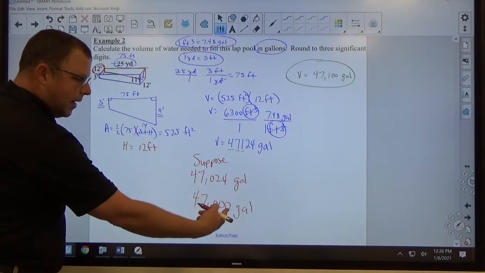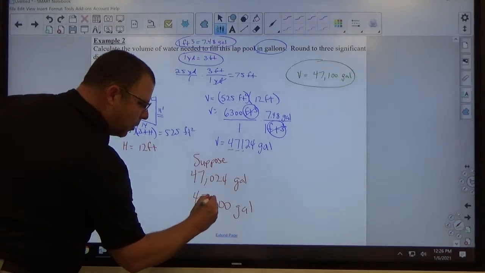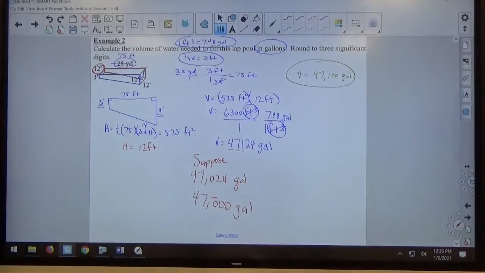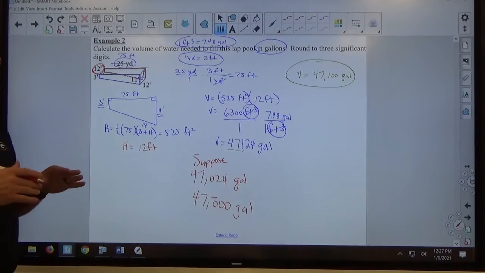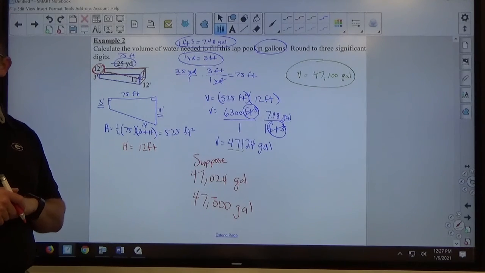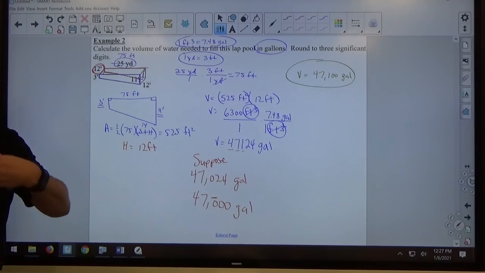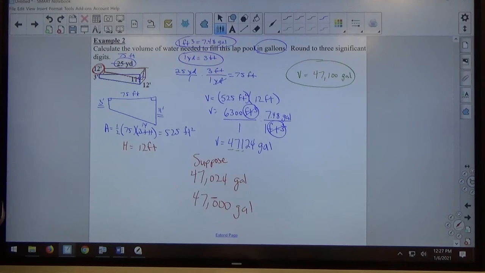But once you round it down to 47,000, now it's not between 2 significant digits. So if that were the case, I'd have to put a bar over the 0 now to make it significant. So now it's got 3 sig figs. All right, so just suppose, if we're trying to make significant digits, make sure we get the proper number of significant digits in our final answer. Make sure you're thinking through that process. It's basically rounding, but then you have that extra identifier of significance on those digits to make sure that gets done properly.